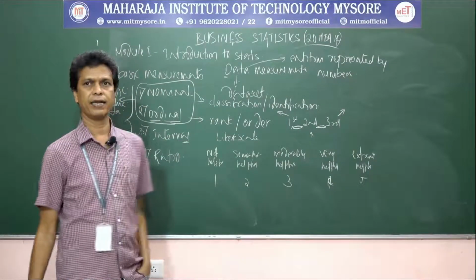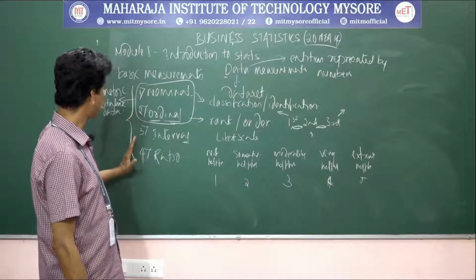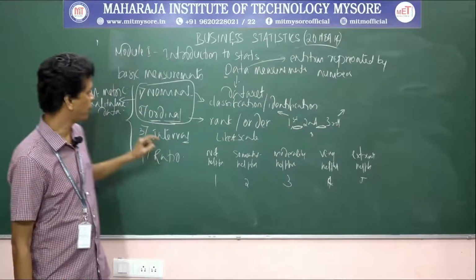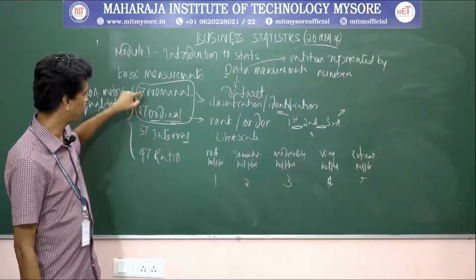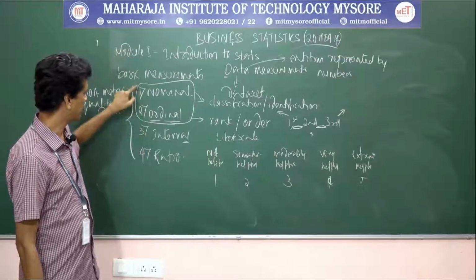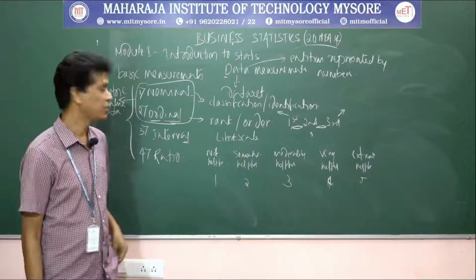Let us see what exactly this interval scale is. This is exactly the hierarchy of the data measurement. This interval scale has all the properties of nominal and ordinal data. See, ordinal data has the property of nominal data, and interval data has the property of nominal and ordinal data, plus one additional strength.